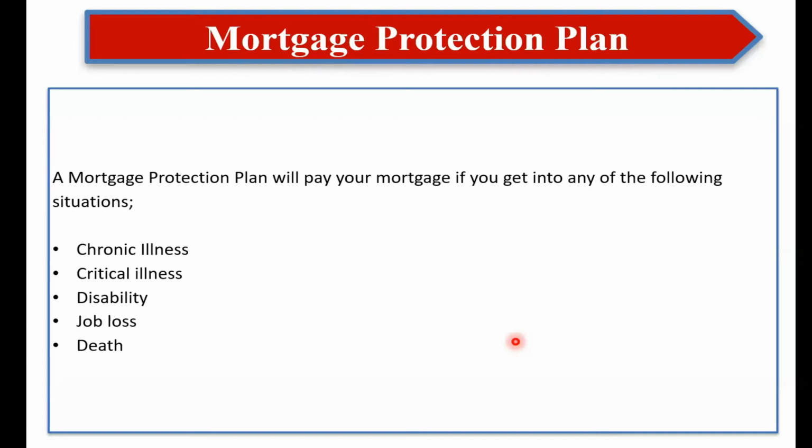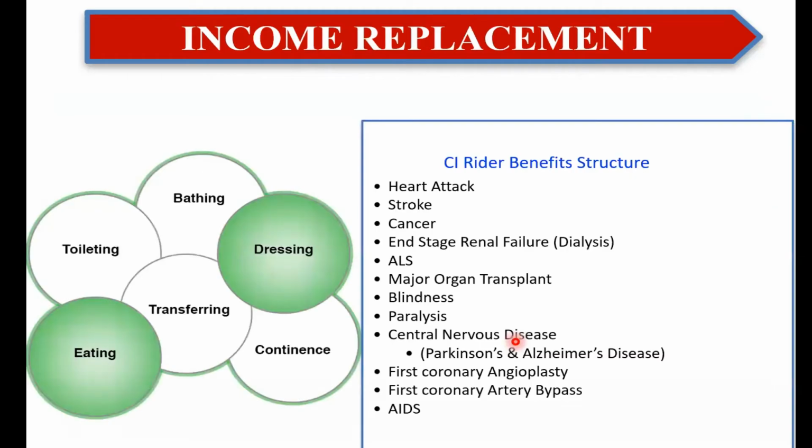But first of all, I want to ask a question. When we talk about critical and chronic illness, on my left side there, I'm showing you some critical illnesses, and on the right, there are some chronic illnesses.